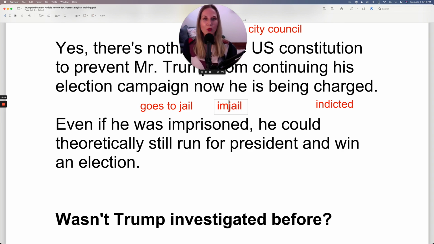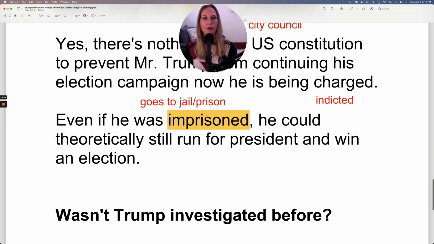Because remember I told you, you can use the word jail or prison, but we have this one specific word, imprison. But in this case, it means go to jail or go to prison, but you must use the word prison in this specific word.